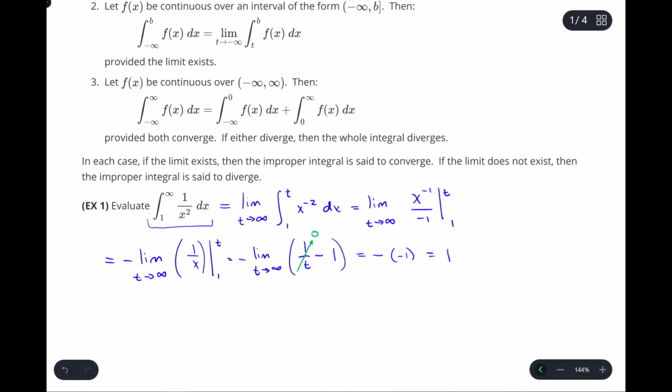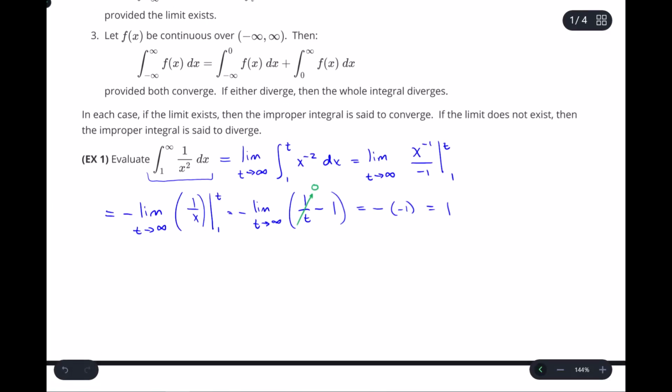So if you think about the graph of this function, 1 over x squared has an asymptote at 0, and then basically looks something like this. But we're just on the interval from 1 to infinity, so I'm just going to ignore this part of it because that's not on the given domain.